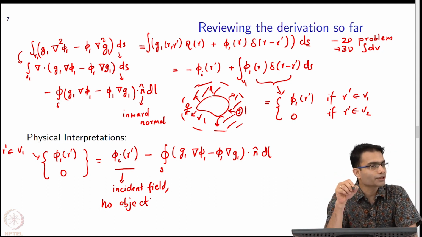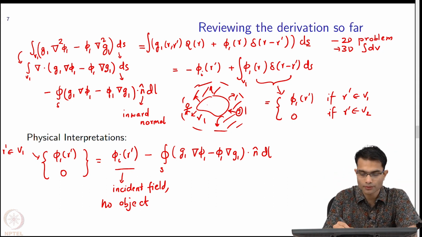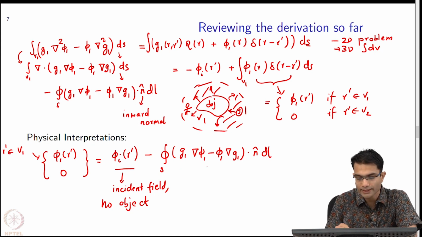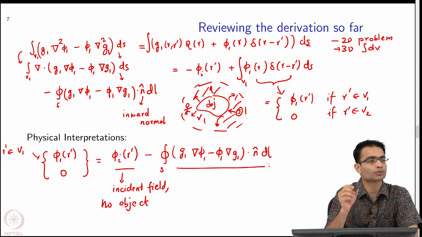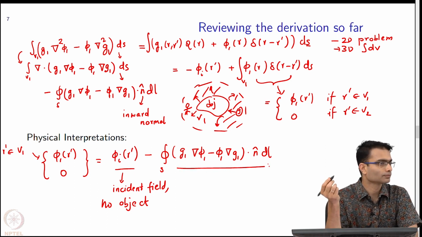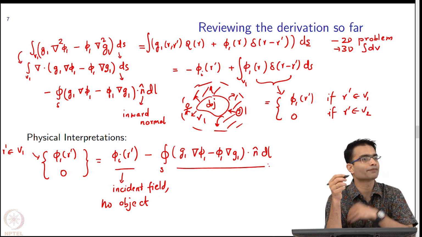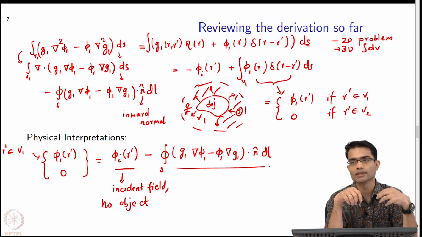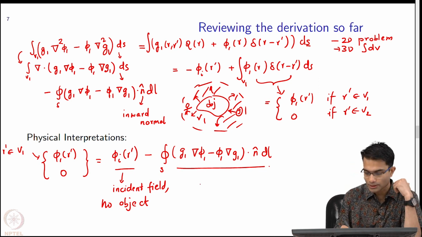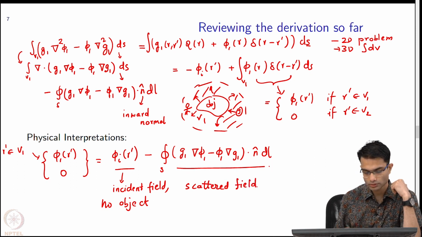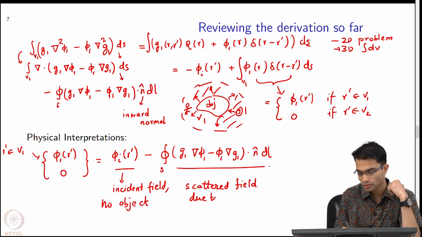Now we introduce this object over here. What should the interpretation be of the second term? Scattered field. We had defined this quantity earlier, that the difference between the fields in the presence and absence of an object is called the scattered field. So this second term over here is called the scattered field, due to the object.